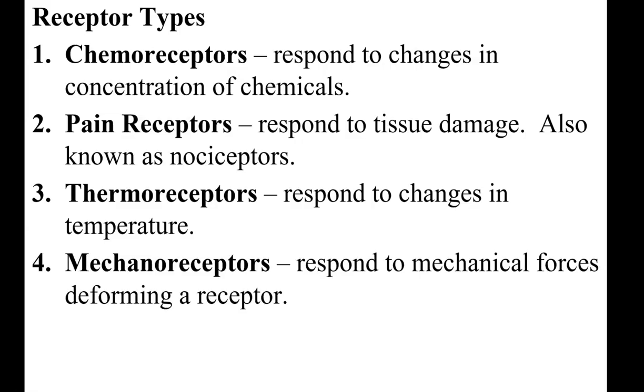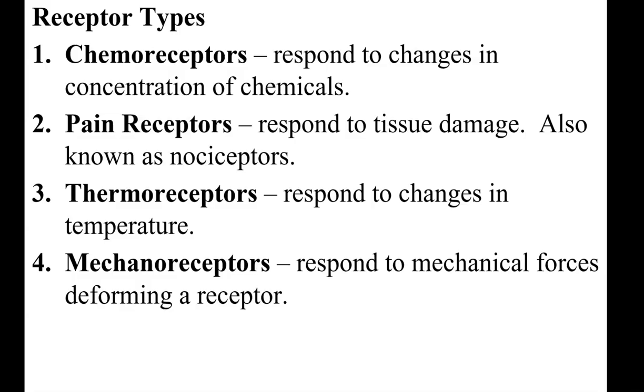Next, we have our mechanoreceptors. There's going to be several types, and they respond to mechanical forces by detecting change that often deforms the receptor. They include a number of receptors in the skin that respond to physical contact, and several receptors that are going to be in places like the ear that provide information about balance and vibration from sound. You have your proprioreceptors.